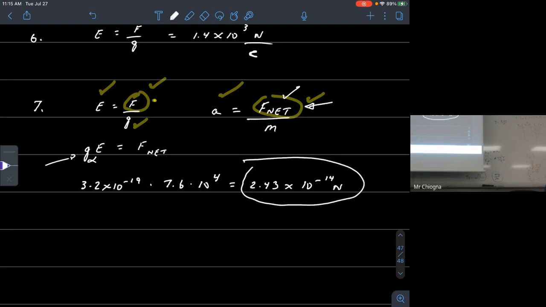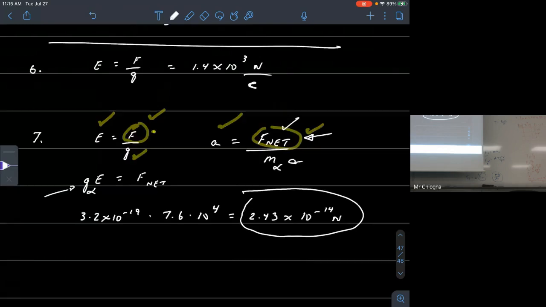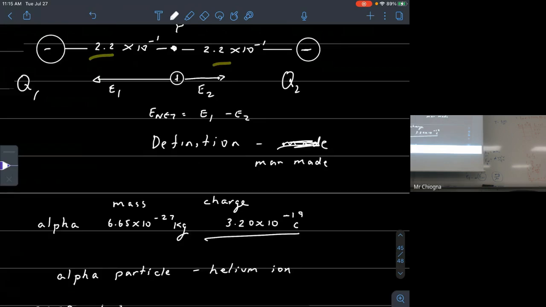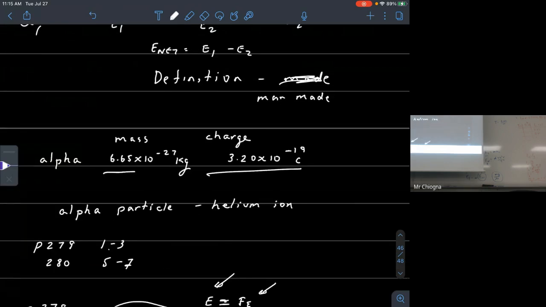That's this. Just divide it by the mass. Mass of what? It's the alpha. Mass of the alpha. Do you have it? Yes, I gave it to you. Go back to here. It's in this table. 6.65.